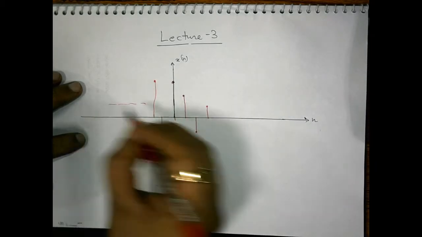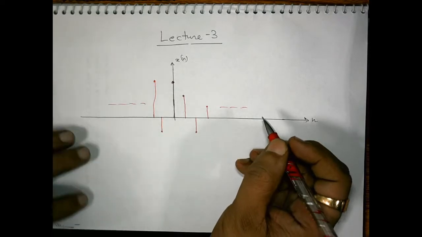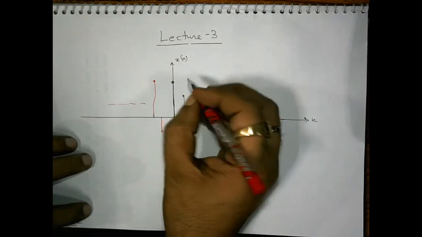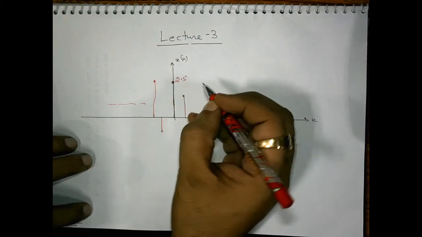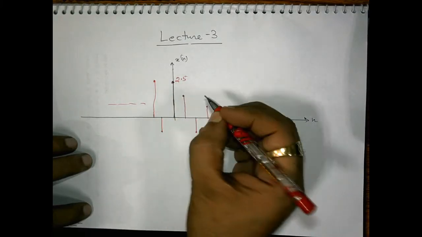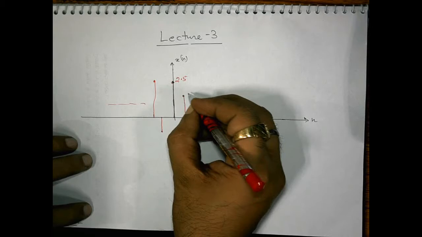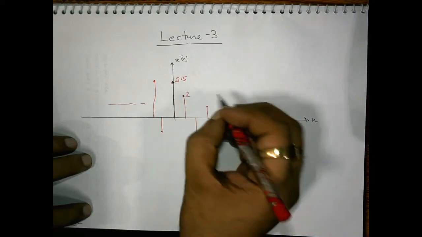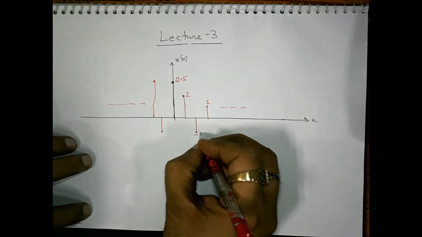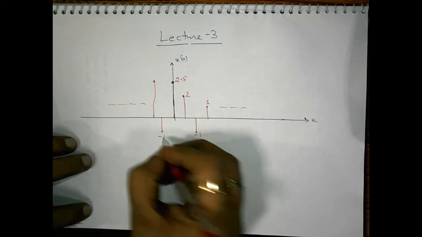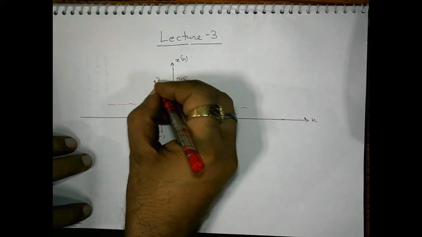And so on. Suppose the signal strength at this moment is say 2.5. The signal strength over here is say 2. Here it is 1. Here the signal strength is -1. Here itself it is -1, and here it is 2.5.